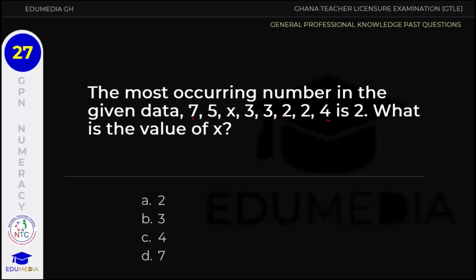Therefore, our focus is now on 3 and 2. So we are looking for the most occurring number. And from this, it means that 2 is the most occurring number because we're going to have 2 here for us to have 3 of the 2. Okay, so the value of x will have to be 2. So the correct answer is 2.